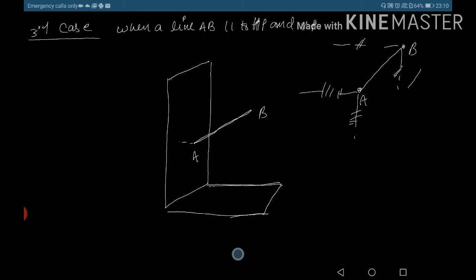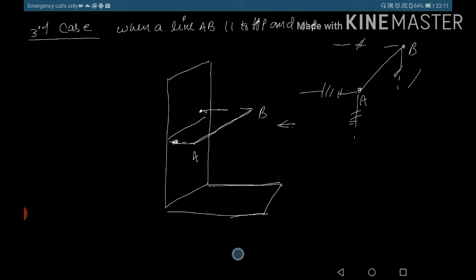I'm considering its distance from, considering this distance is same. So when you look from this side, okay, what is visible? This point is going over here, this point is going over here somewhere, and you will have a line.